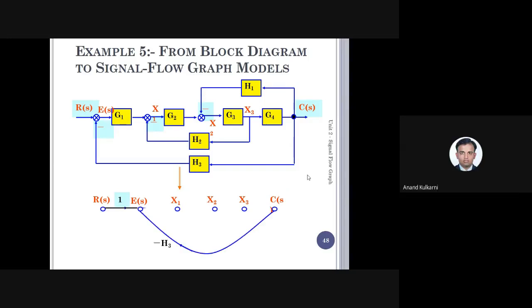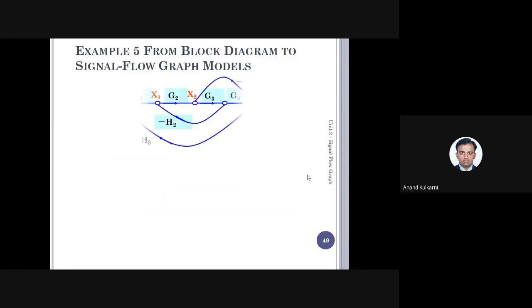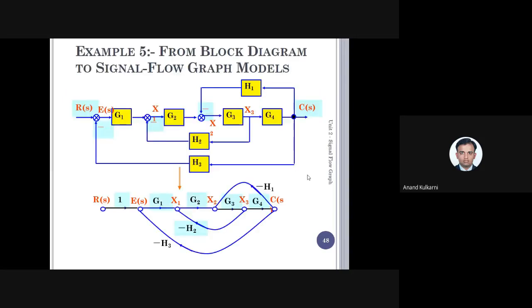X1, X2, X3 are nothing but the nodes, the points from one to another that the gains go between. E of S is one node here, X1 is a node, X2 is a node, X3 is a node, then C of S. So that is what we are going to do.